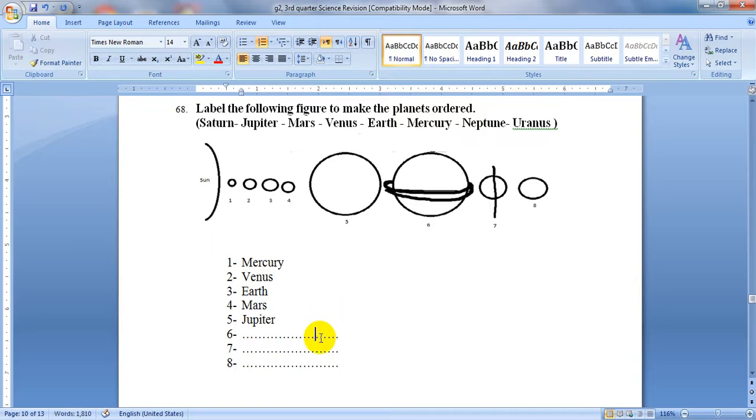And the one with beautiful rings, which is Saturn. What's after Saturn? It is Uranus. And the last one, or the furthest one from the sun, is Neptune.